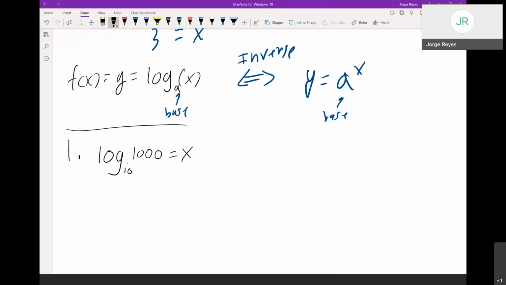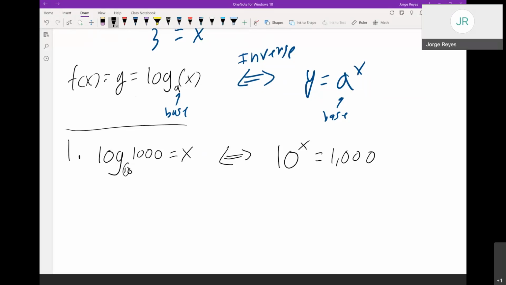If I just rearrange some things, a is the base, so let me make 10 the base, then an equal sign, and then y should go up here, and 1,000 goes here.